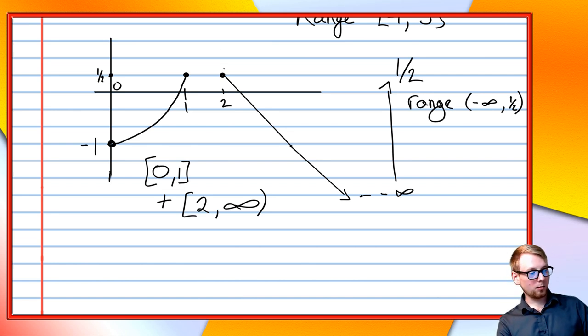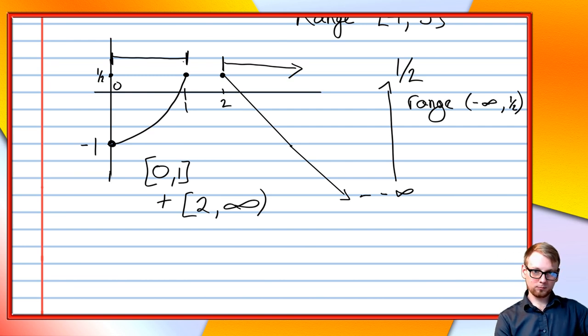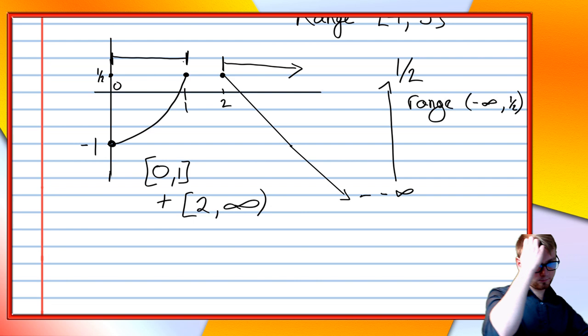Because here it exists and goes forward, and here it exists up to here. The process stays the same all the time. Okay?